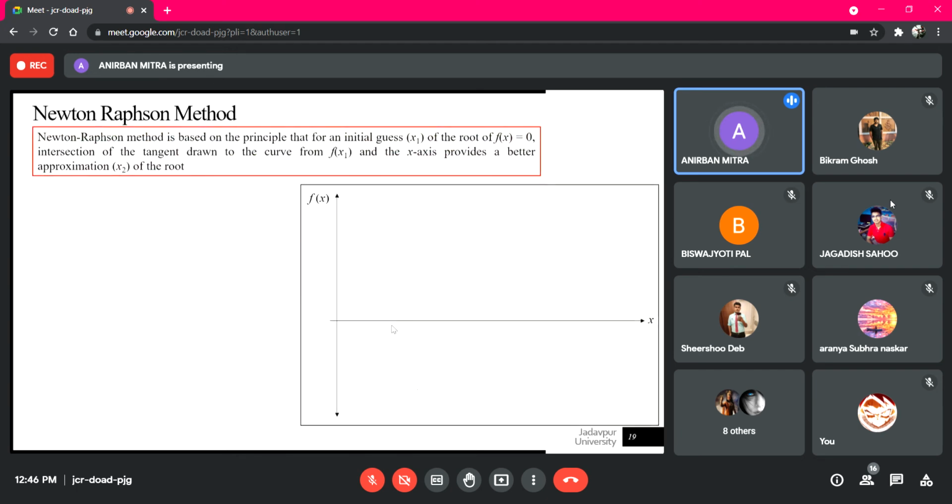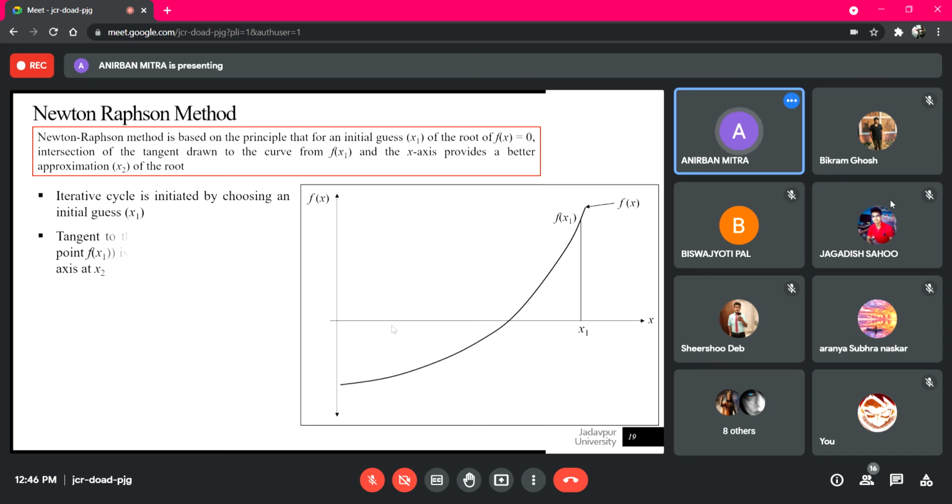We'll try to explain that in a better way in this particular graphical representation. Let's consider this arbitrary nonlinear function fx, a general function which is continuous. As already mentioned, the iterative cycle is initiated by choosing an initial guess x1. This is the x1 value, and corresponding to x1, we have the functional value of f of x1.